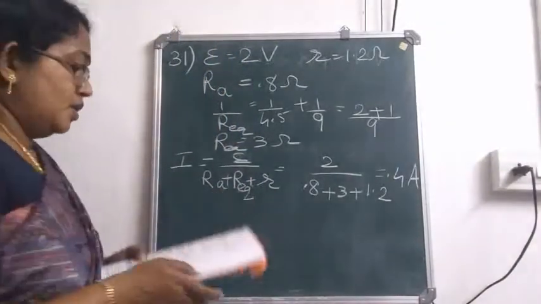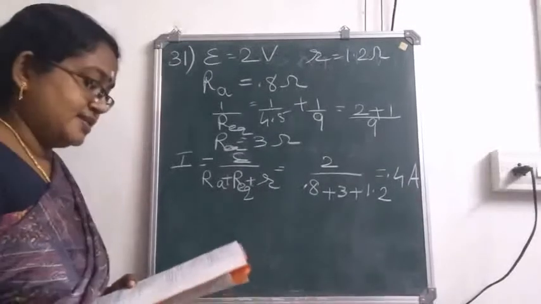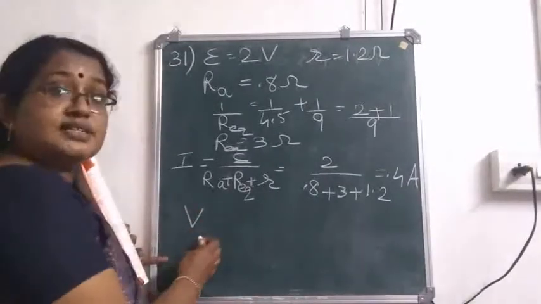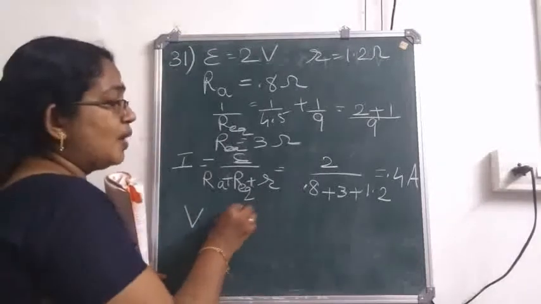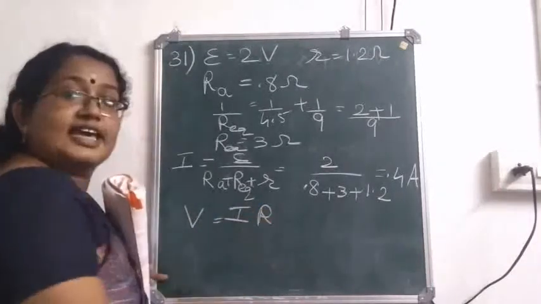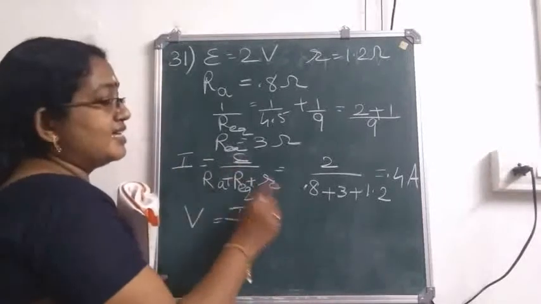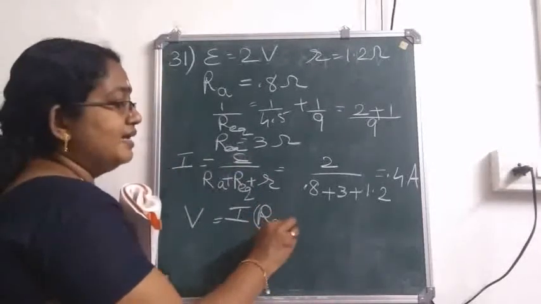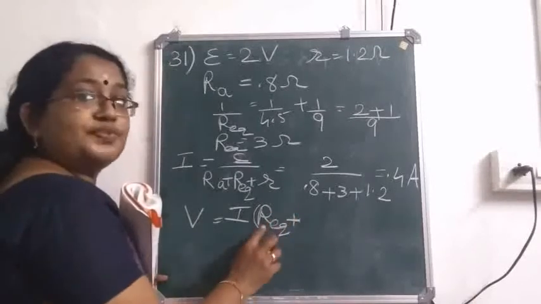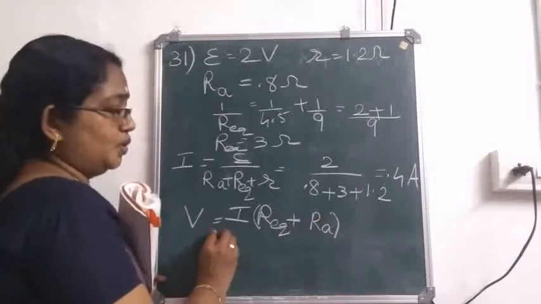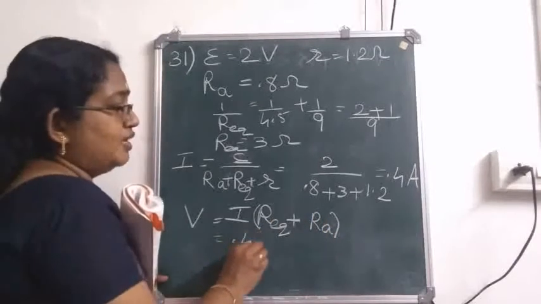Now, B, potential difference across the terminals of the cell. If it is the potential difference across the terminals, you have to calculate only the external resistance. No need to take the internal resistance. Here external resistance means we have the resistance offered by the parallel connection as well as the ammeter. You should take both. Okay. So our current is 0.4.